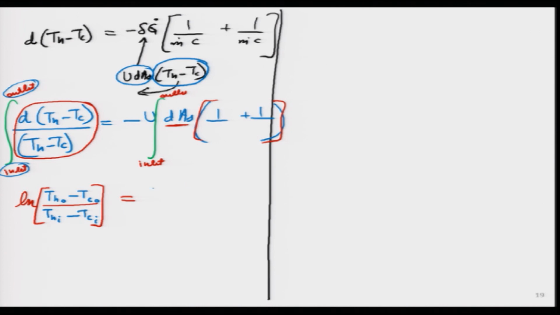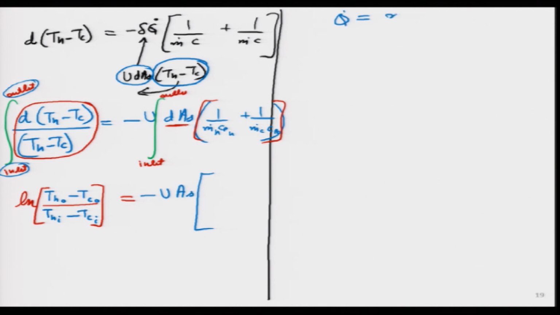This integral dA simply becomes minus UA, and the temperature term that we will get will come out over here. How will it come out? Because this thing again I can convert back into m dot Cp for the hot side, m dot Cp for the cold side.